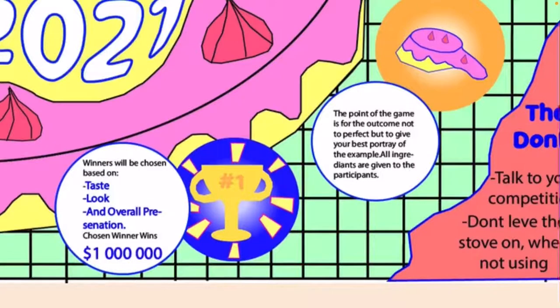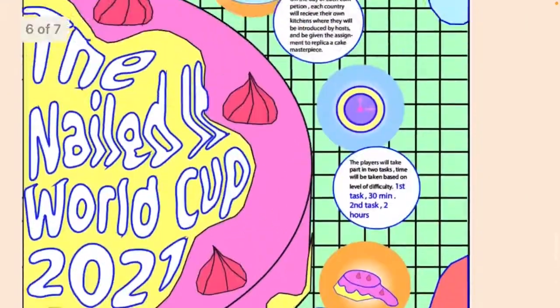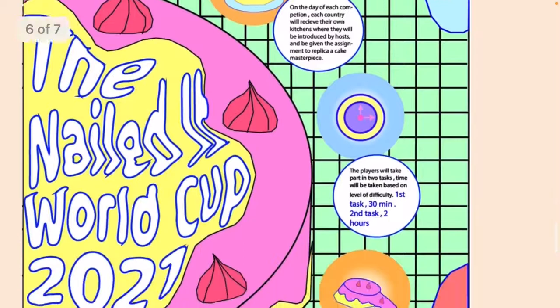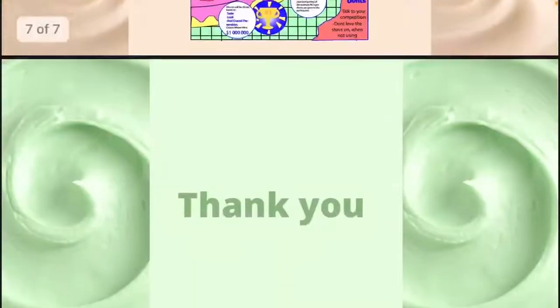The winners will be chosen based on the taste, look, and overall presentation. The chosen winners win $1 million. I said the do's: be clean at your station, be nice to your competitors, and taste test. The don'ts: don't talk to your competitors. Don't leave the stove on when not using.